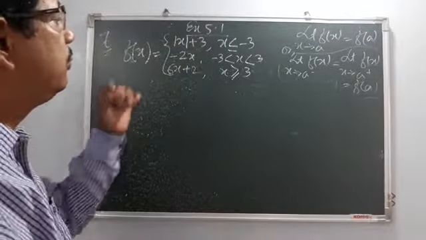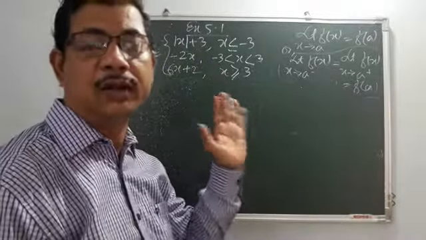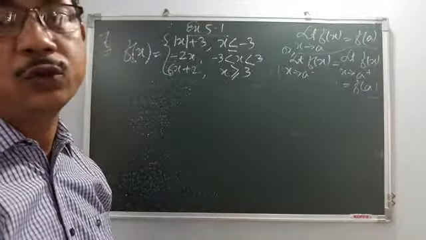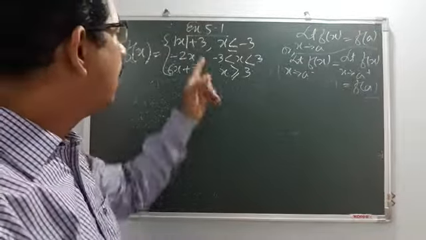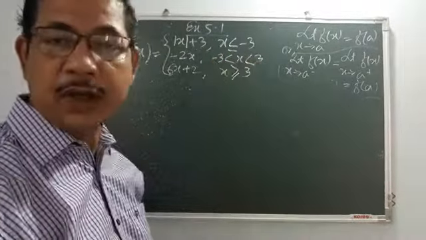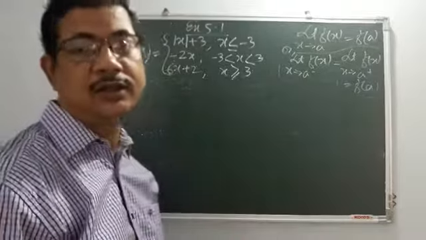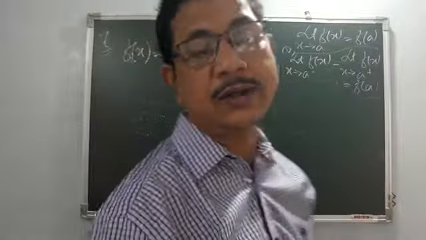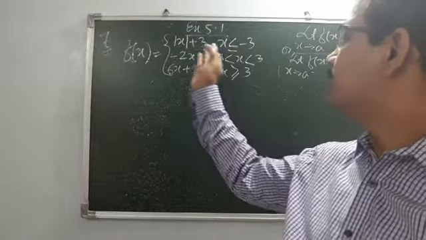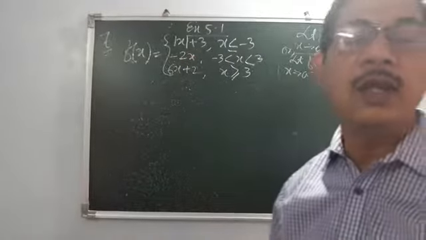Now students, you see that the whole real number system is divided into three parts. One is less than minus 3, another is minus 3 to 3, another is greater than 3. So we are getting three parts. Now for x less than minus 3, this is after all a polynomial.